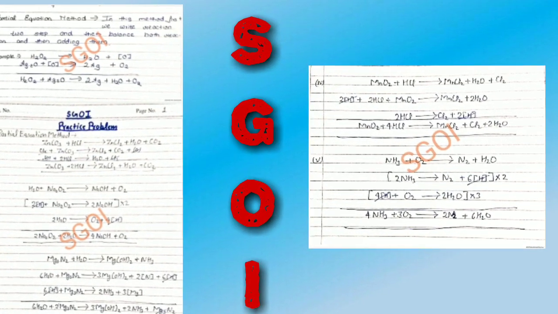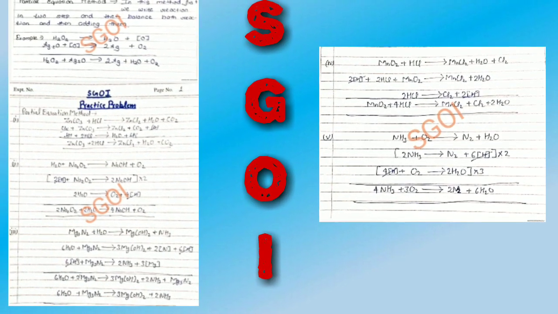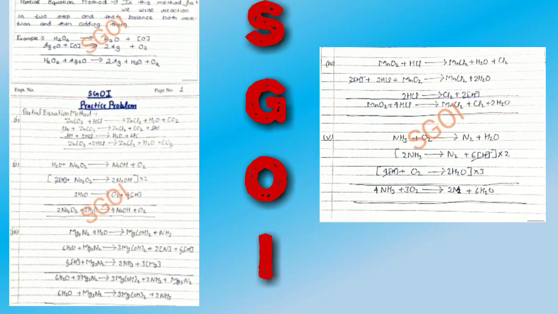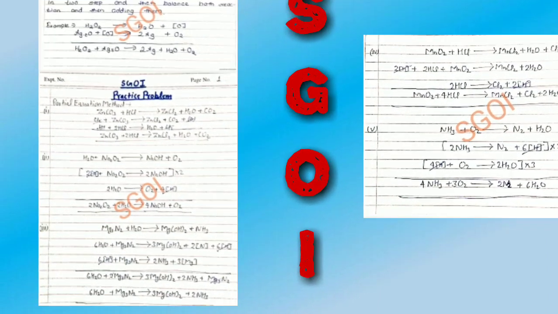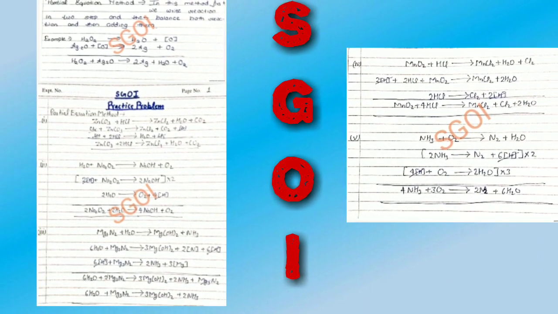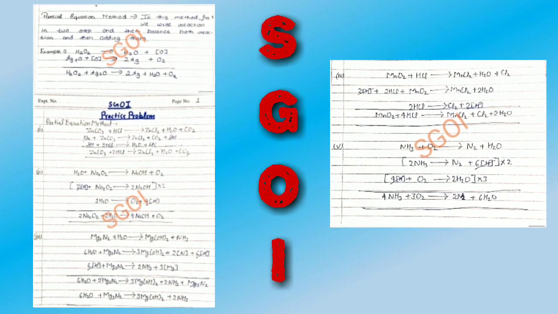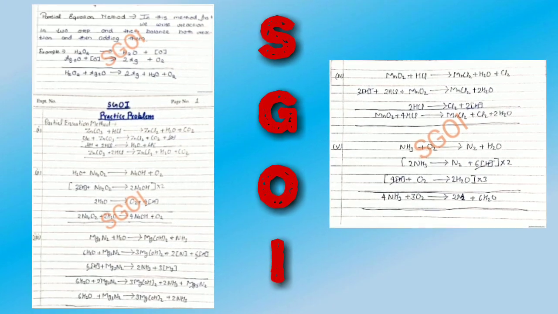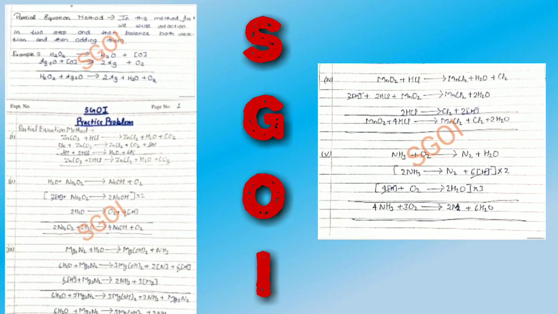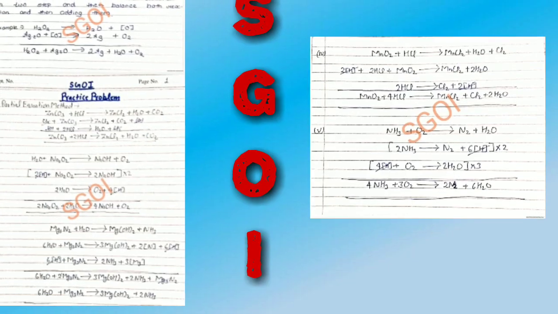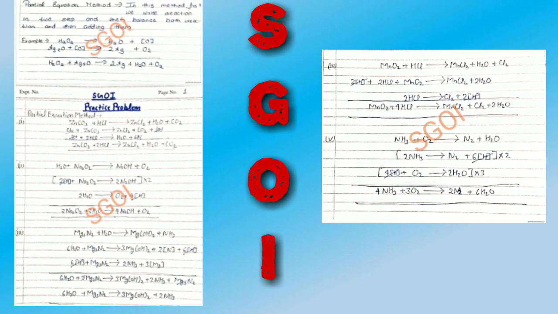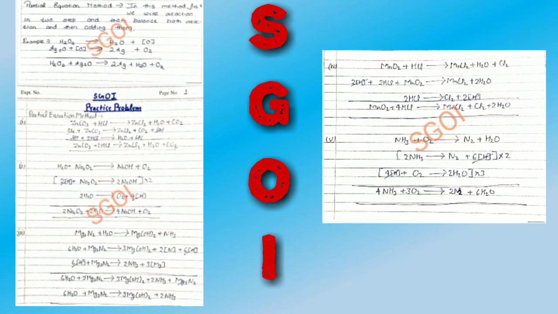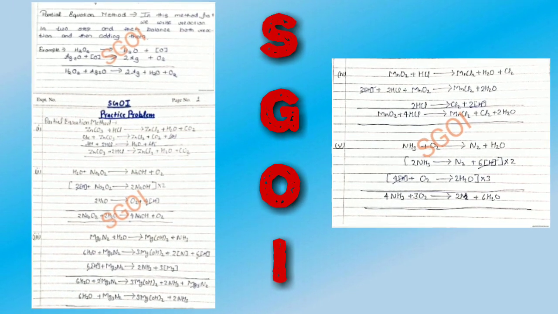And now some practice problems for you. Number first is ZnCO3 plus HCl gives ZnCl2 plus H2O plus CO2. So student, make this skeleton reaction into two half reactions. ZnCO3 gives ZnCl2, balance chlorine by Cl2 and CO3 by CO2, and oxygen by nascent oxygen.